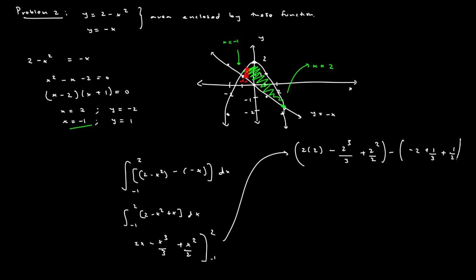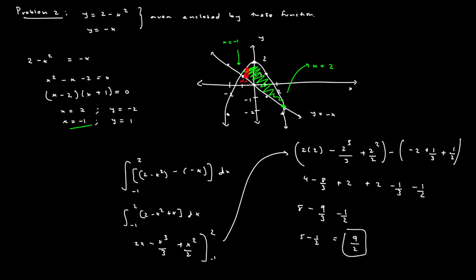So this is 4 minus 8 over 3 plus 2 minus 1/3 minus 1/2. So this becomes 8 minus 9 over 3 minus 1/2. So 5 minus 1/2, which is simply equal to 4.5, which is equal to 9 over 2. So that's the area enclosed by these two functions.